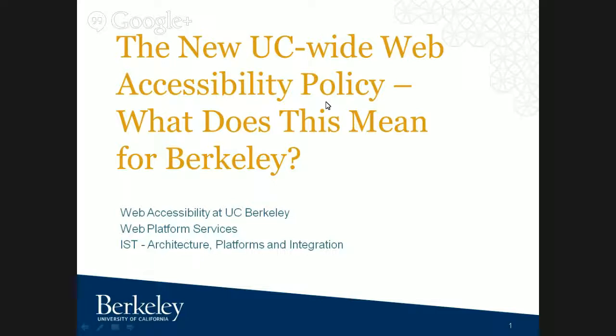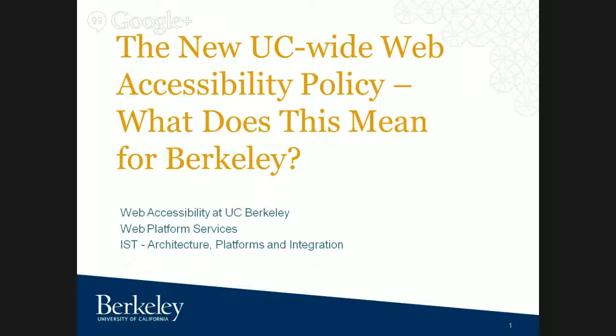So it's really exciting for me to be here because it represents the ongoing development on our campus, the leadership that we've taken in the UC system as a whole for moving our campus towards web accessibility. And you're going to hear a lot more about the details of that.